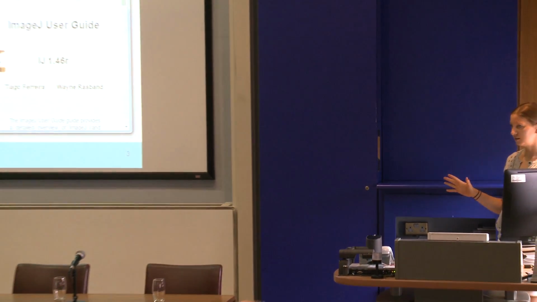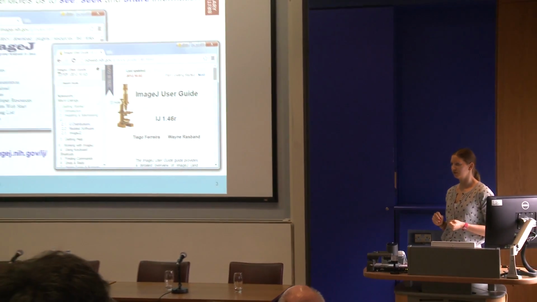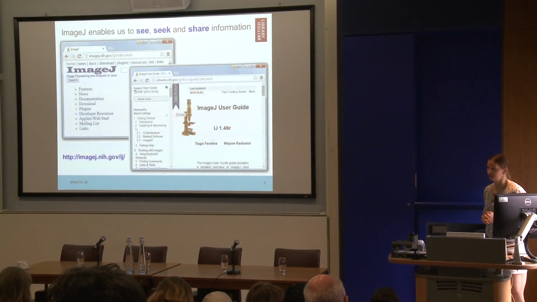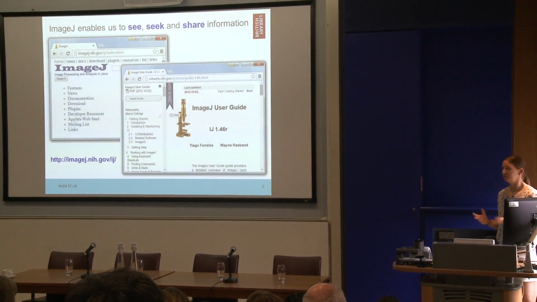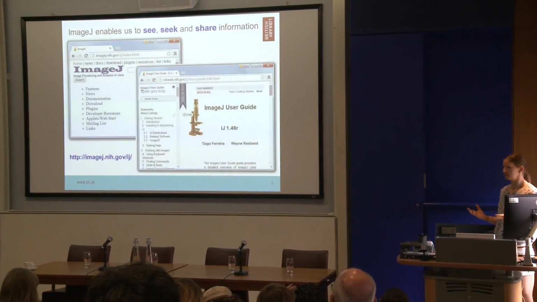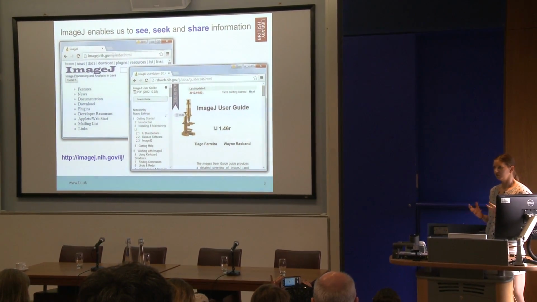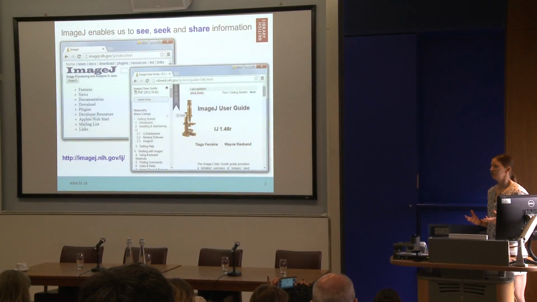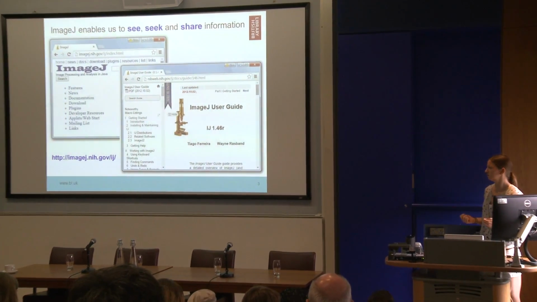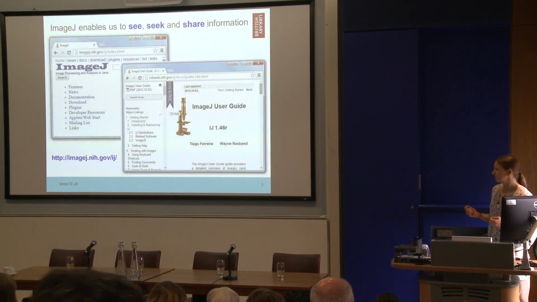The first thing you need to do is download ImageJ. It's an open source package, completely free. It's Java based, and the great thing about it is that it has a plug-in architecture. So there's multiple features already on it, but if there is a particular feature that you want to achieve or a different process that you want to do on your image, you can write different macros and plugins for that.